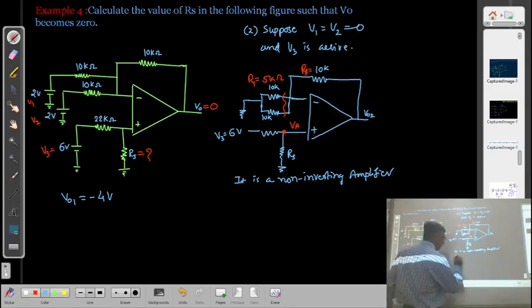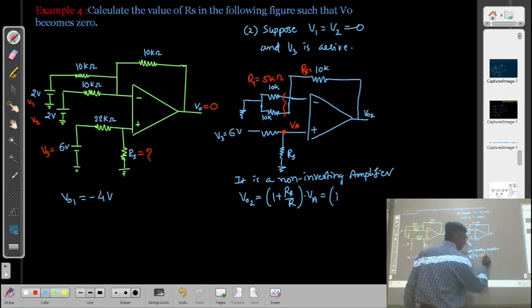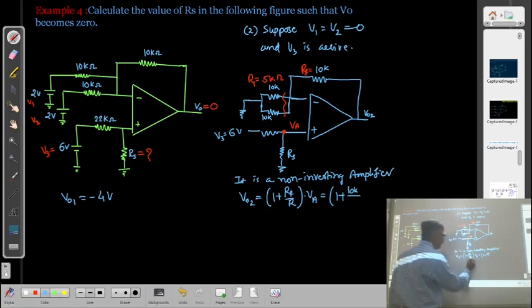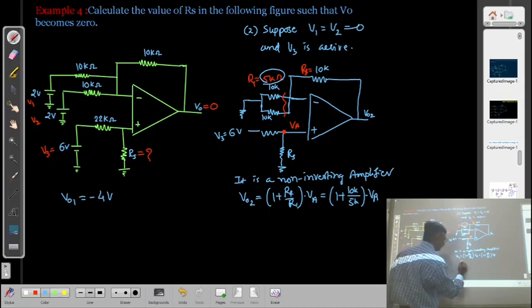So for this non-inverting amplifier, VO2 is equal to, we can write as 1 plus RF by R into VA, and that is equal to 1 plus, what is my RF? It is 10K. What is my R1? R1 is nothing but 5 kilo ohm, 5K, into VA. So we can write this is equal to 3 into VA.